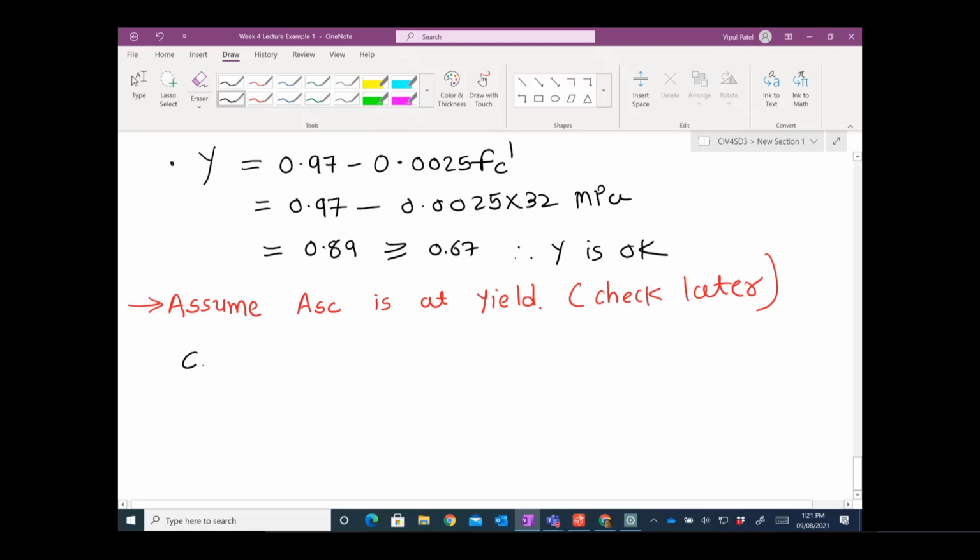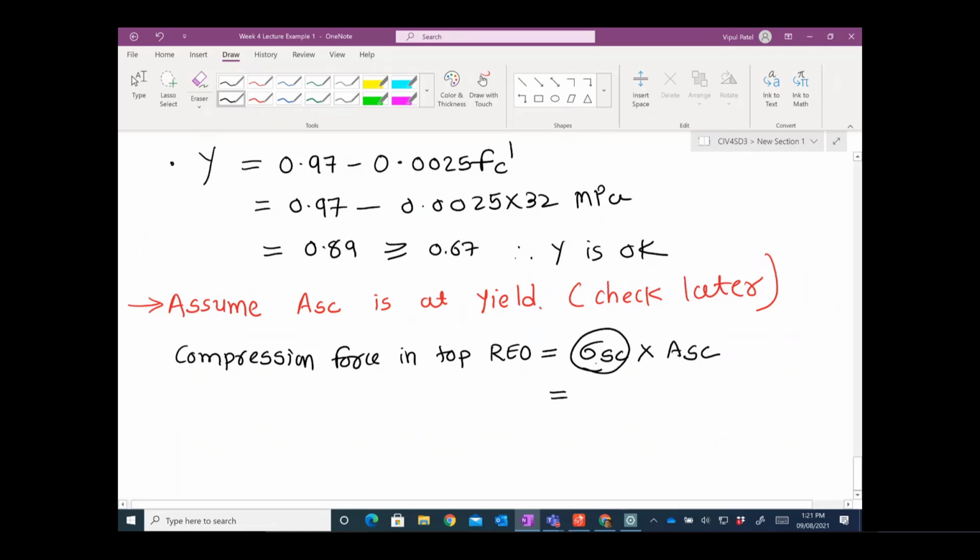So if at yield, then compression force. Let's assume at yield, the compression force in the top steel, or compression steel, is equal to the stress of the steel times the area of the steel, right?